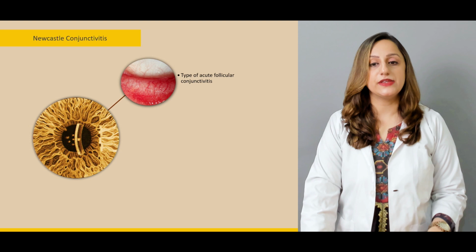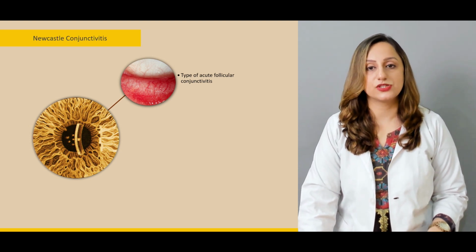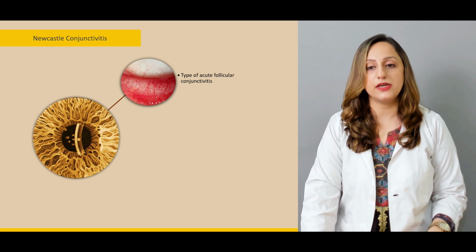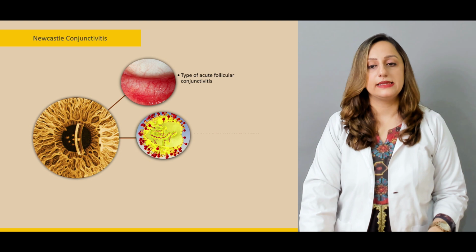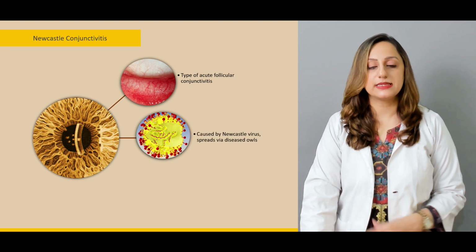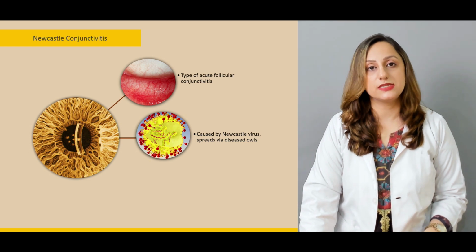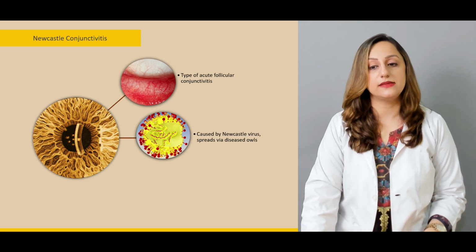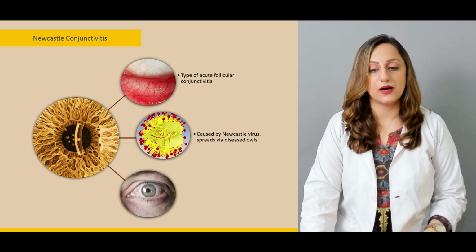The clinical features for such a case are those of acute follicular conjunctivitis. The spread of infection is related to the diseased owls and is caused by the Newcastle virus, which is found in the diseased owls.